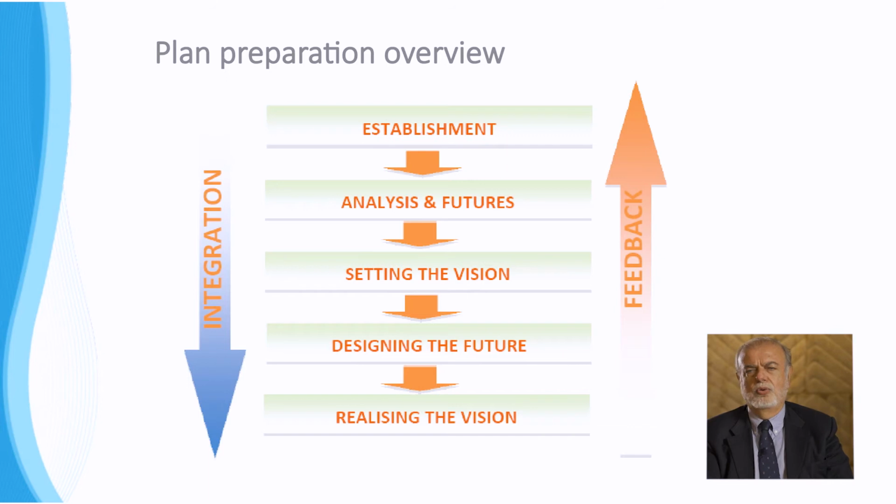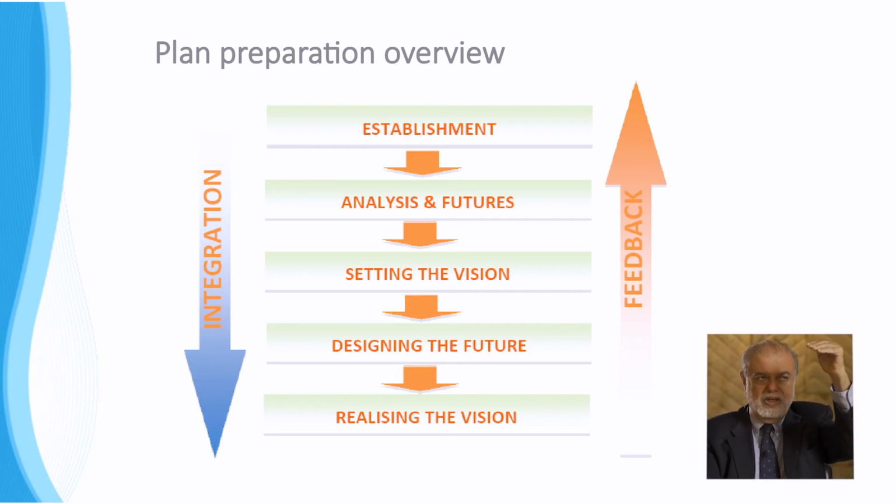This is the plan now. The plan has 5 steps, from the establishment to the analysis of the different options, to setting the vision, to designing the measures, and finally implementing, realizing the vision.